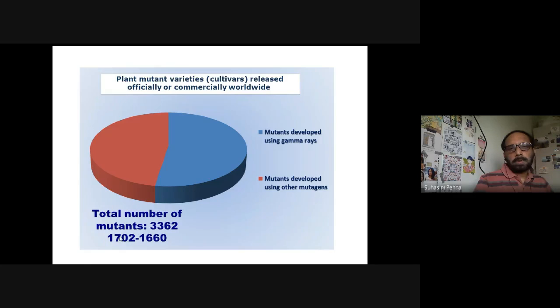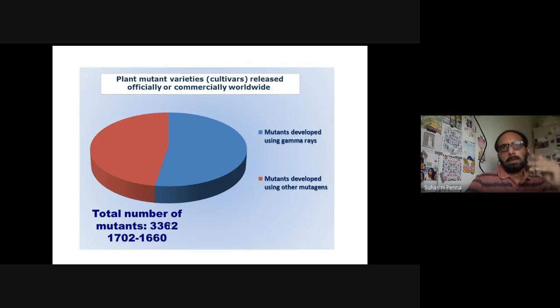Here it is actually the number that is 1702 and 1600. So this is almost like, till around 15 days back, this is the number which is given by a database which is maintained by the Food and Agriculture Organization and International Atomic Energy Agency. It has a mutant variety database.